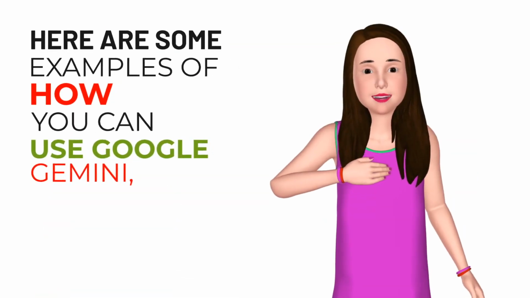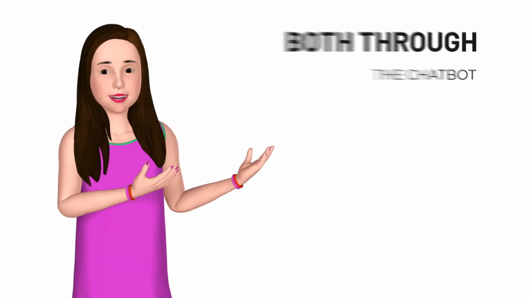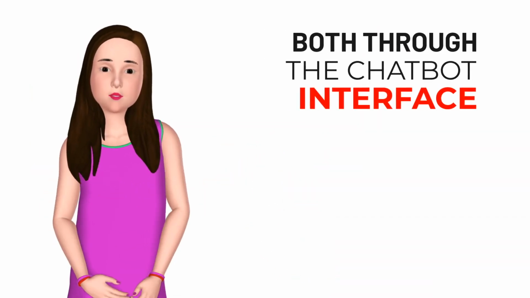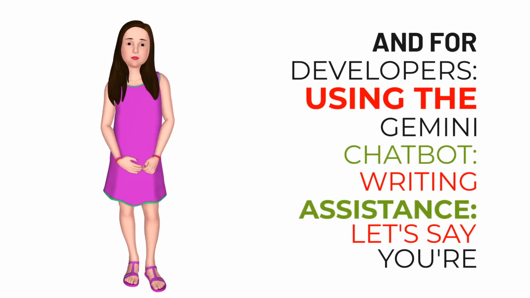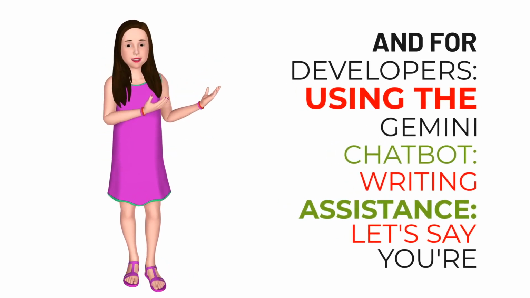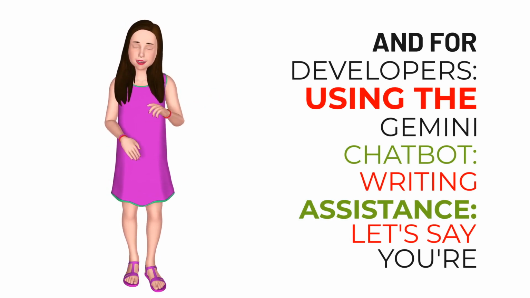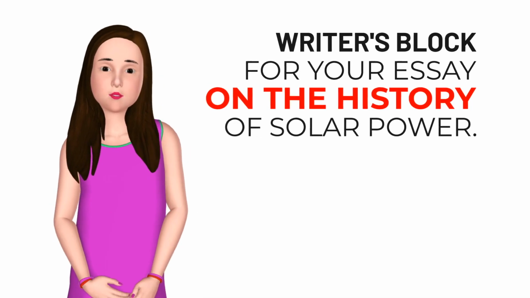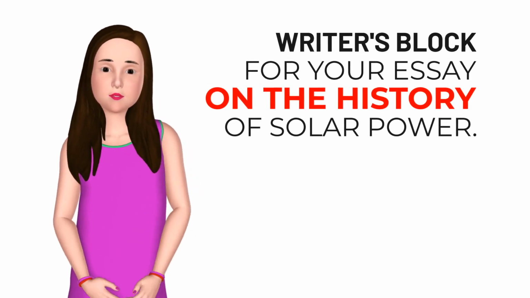Here are some examples of how you can use Google Gemini, both through the chatbot interface and for developers. Using the Gemini chatbot. Writing assistance. Let's say you're stuck on a writer's block for your essay on the history of solar power.